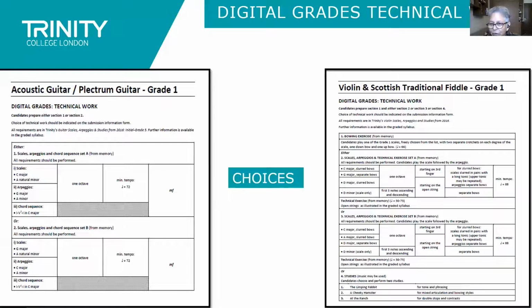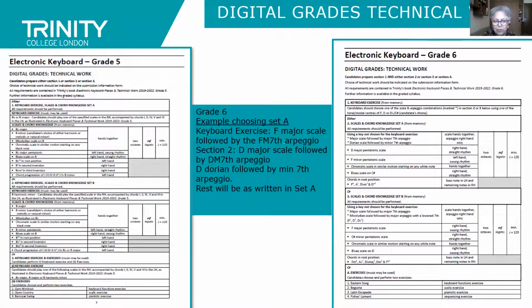So section 1 in strings is compulsory. It's the bowing exercise. And then they have a choice between doing scales and arpeggios set A, or scales and arpeggios set B, or the studies. So I think that's quite clear, and most of you know about this.